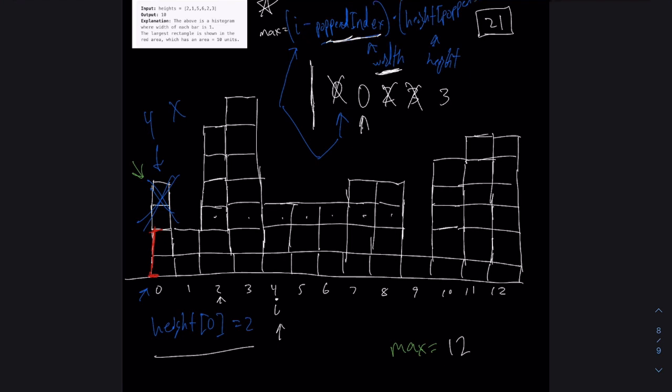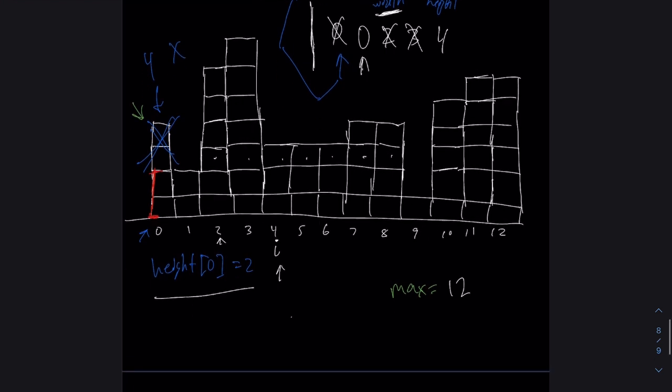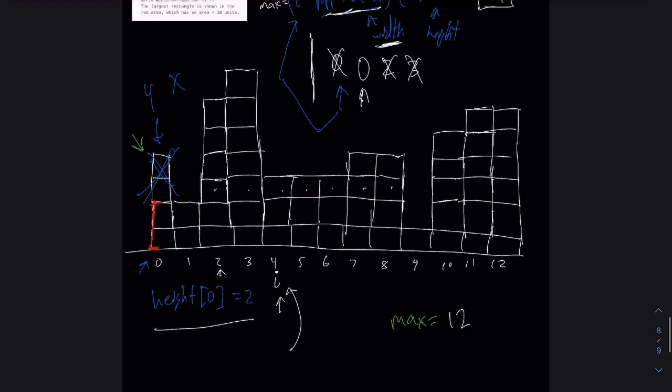But do not forget, we can't just instantly add this I value right here. So what we tried to just do is add I. But because we know we popped 2 and 3, we use 2 as what we push in. Because we know the heights affiliated at index 2 and 3 are greater.